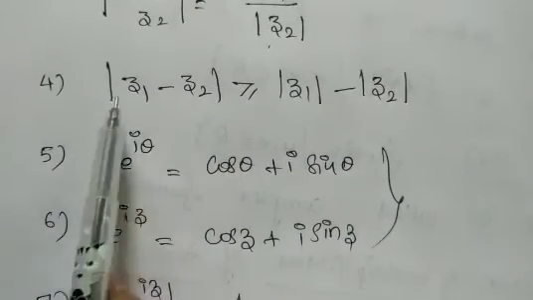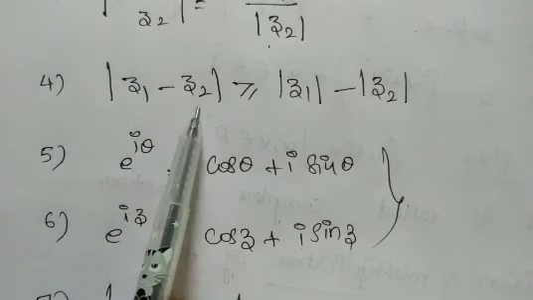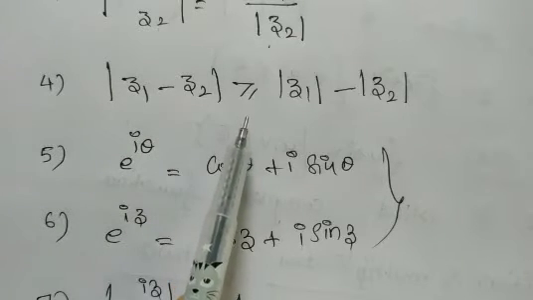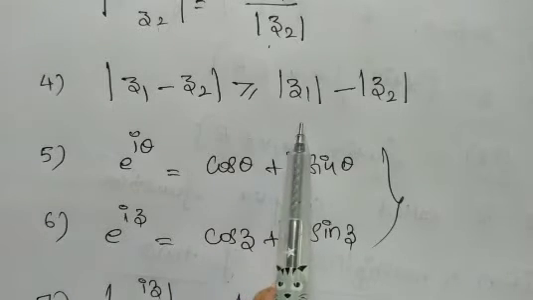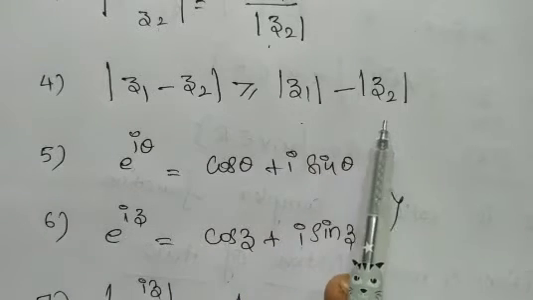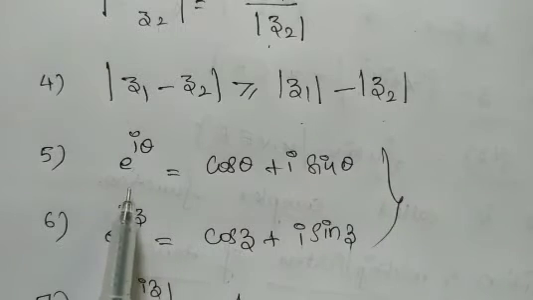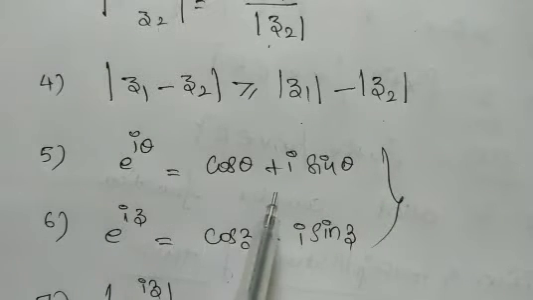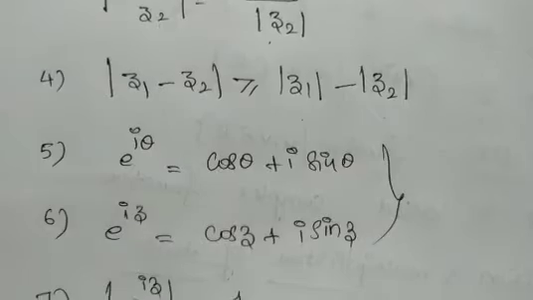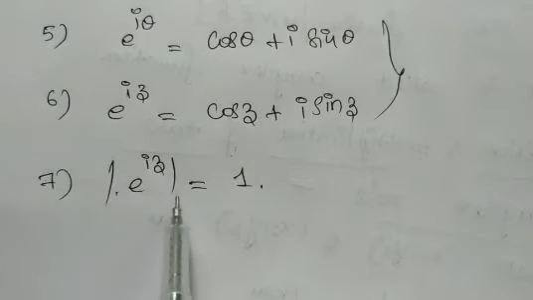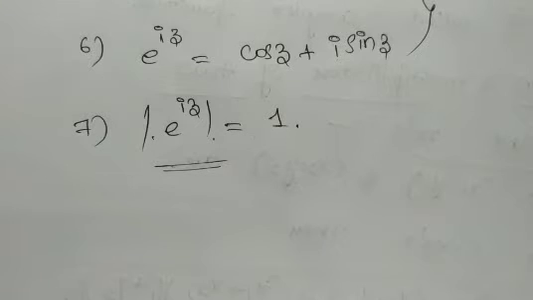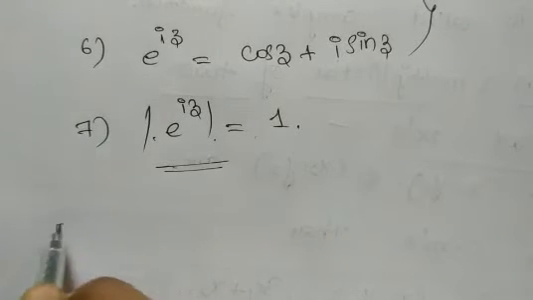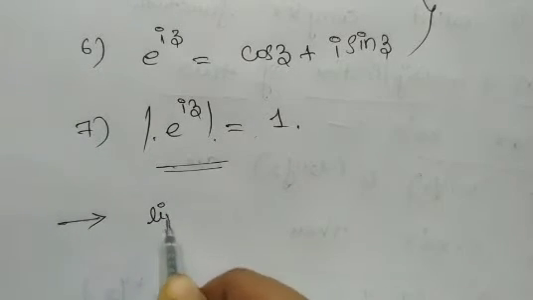Next, subtraction: modulus of z1 minus z2 greater than or equal to modulus of z1 minus modulus of z2. Next, e power i theta equal to cos theta plus i sin theta, and modulus of e power iz equal to 1. In complex analysis, here we have to learn these functions and definitions.